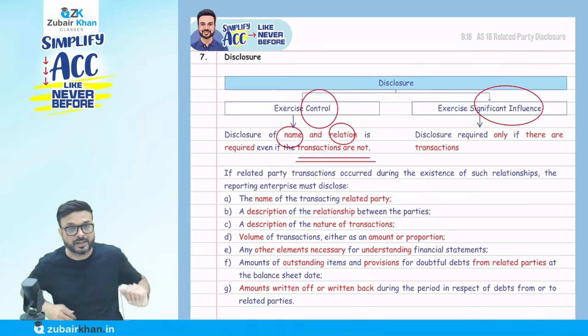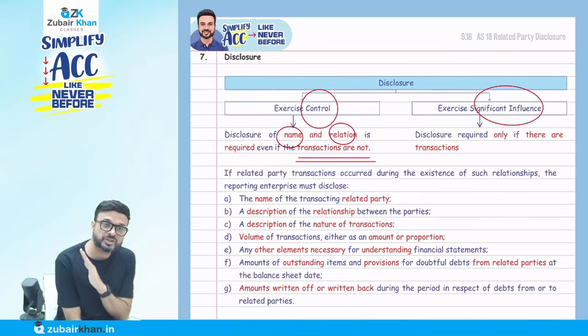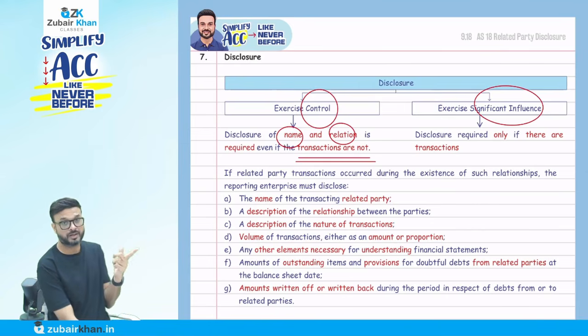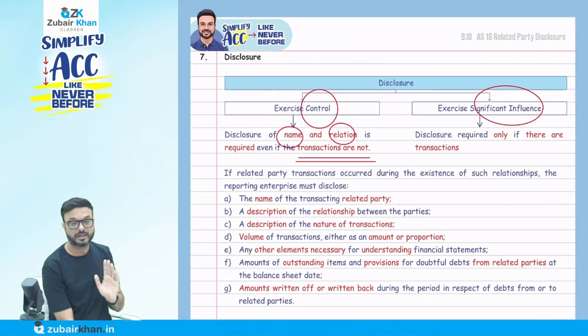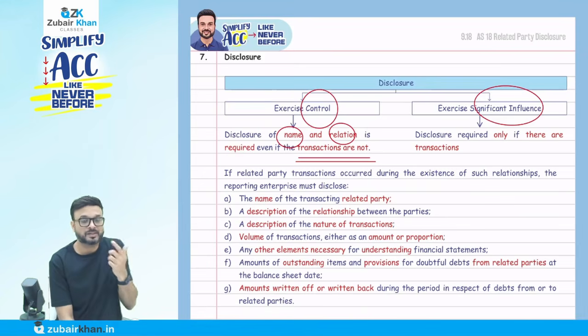If I have a subsidiary company, even though I don't have any transaction during the year, I still have to disclose because I have control over it. Still I have to disclose the relationship and name, that is, B Limited, suppose my subsidiary, and the relationship of holding and subsidiary. Name and relationship both we have to disclose if we have control, even though there is no transaction. If there is a transaction, obviously we disclose the transaction.